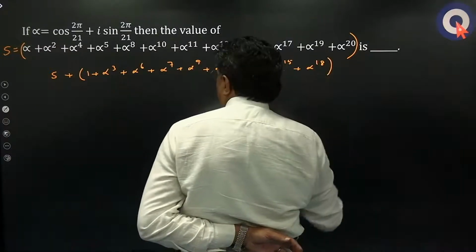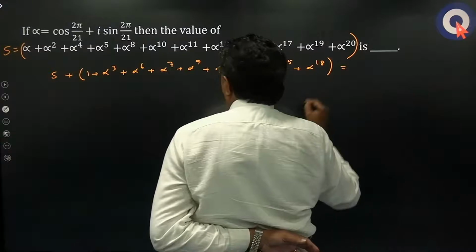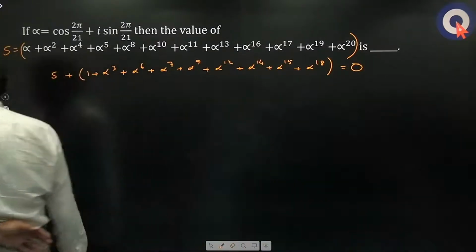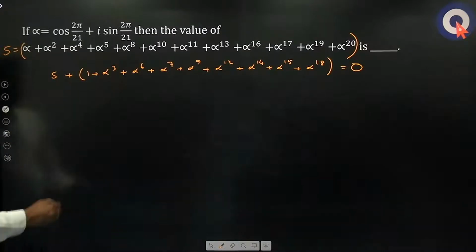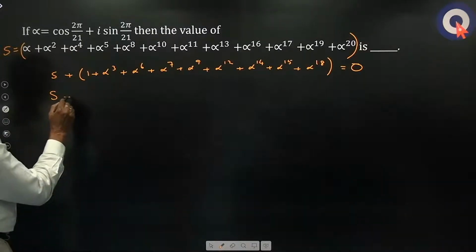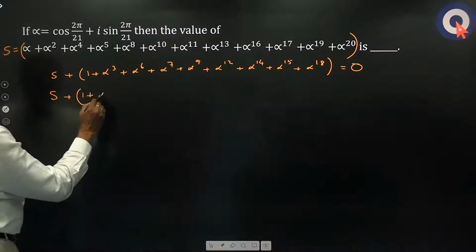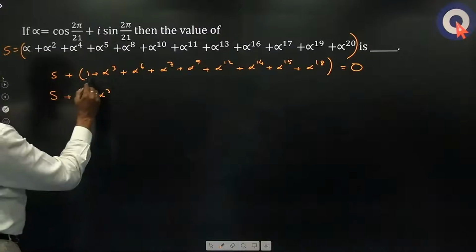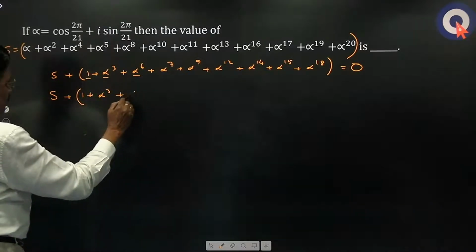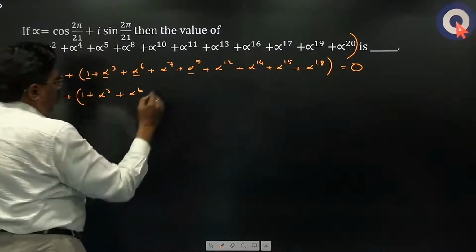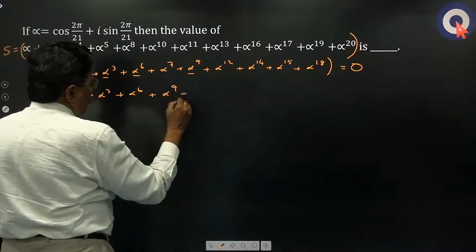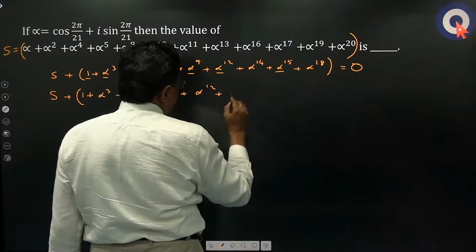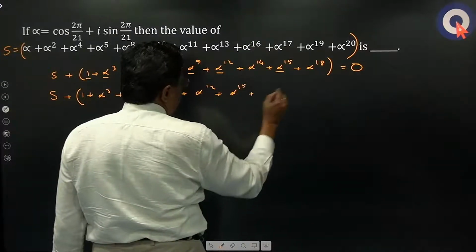So this much, this is the sum of all the roots, which is 0. So we shall write this as S plus 1 plus alpha cube plus alpha power 6 plus alpha power 9 plus alpha power 12 plus alpha power 15 plus alpha power 18.